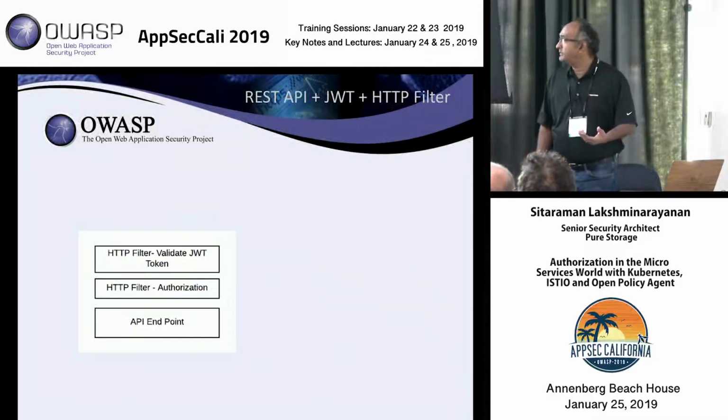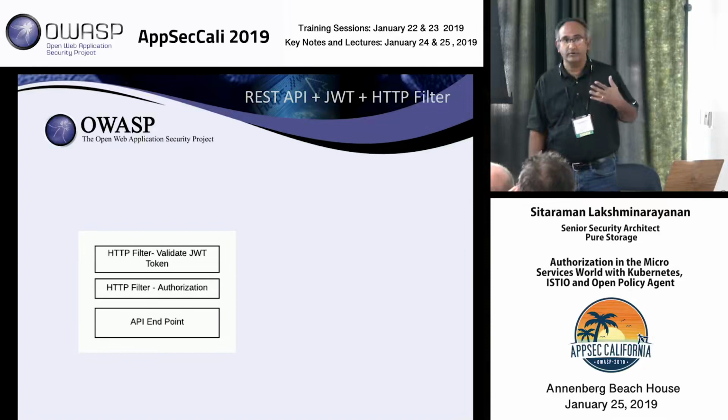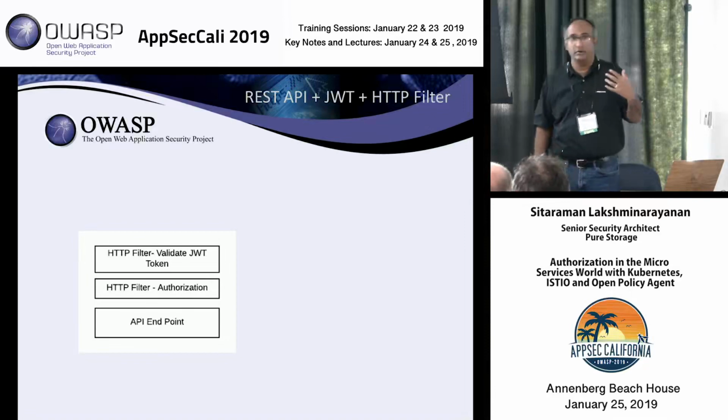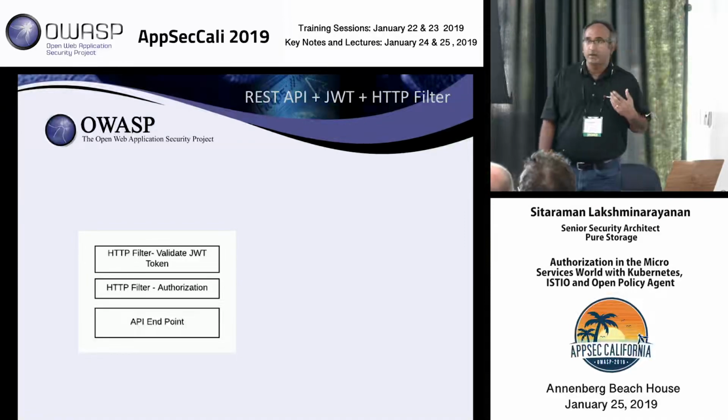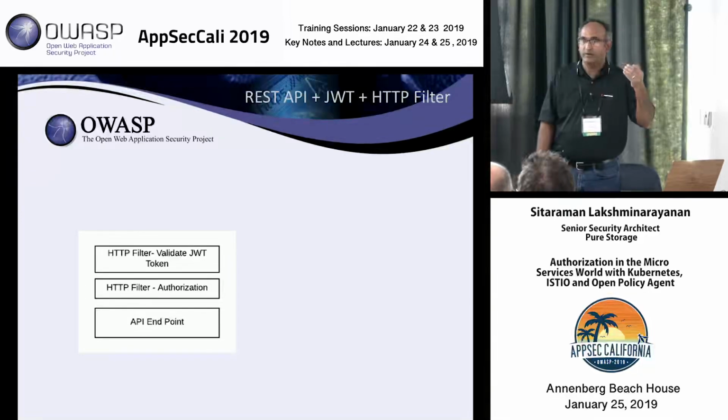For an API endpoint, the normal process when you go through the REST semantics is that you have a REST API, then you put in an HTTP filter. How many of you are familiar or not familiar with what an HTTP filter is? Not familiar? Okay, assume not familiar. If you're building an API, every HTTP request goes through a pipeline process.